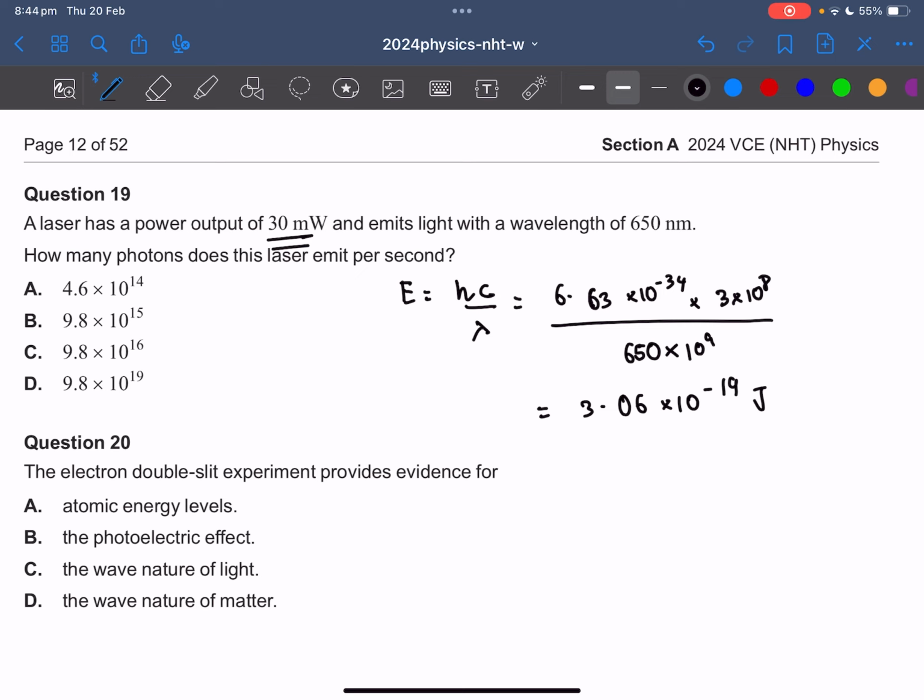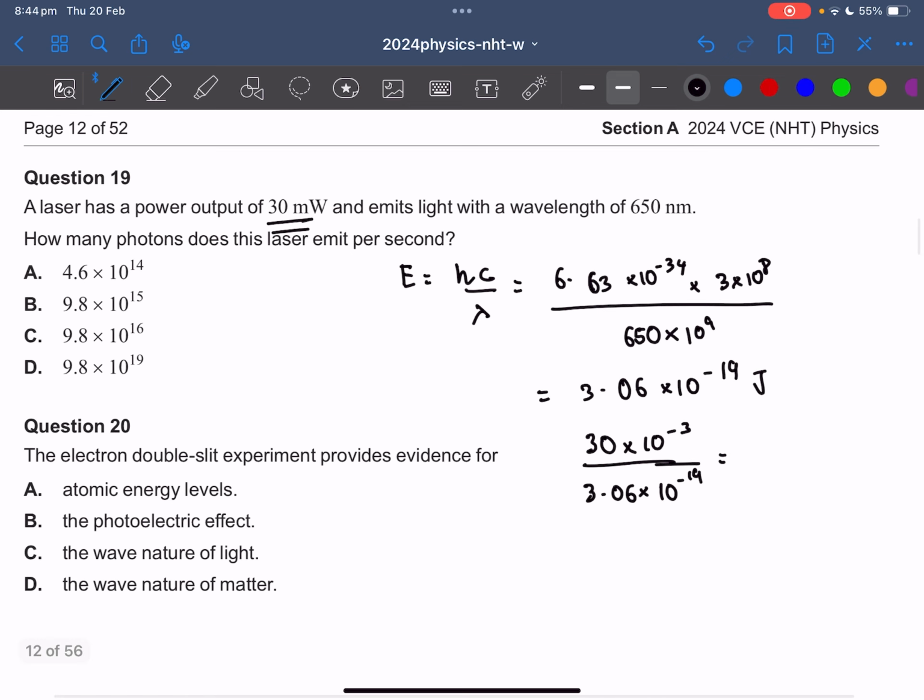So what we do is 30 times 10 to the minus 3 on 3.06 times 10 to the minus 19. Let me just do that on my calculator. So I get an answer of 9.8 times 10 to the 16. So it is option C for this one.